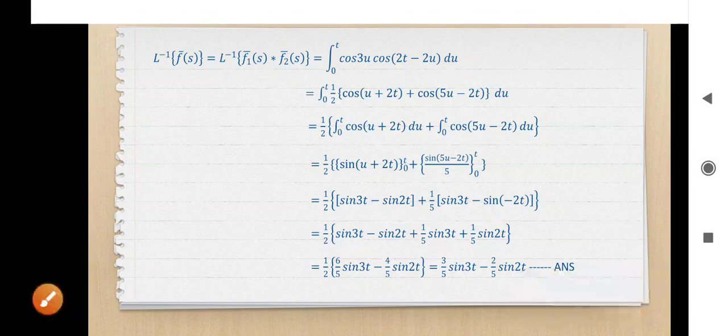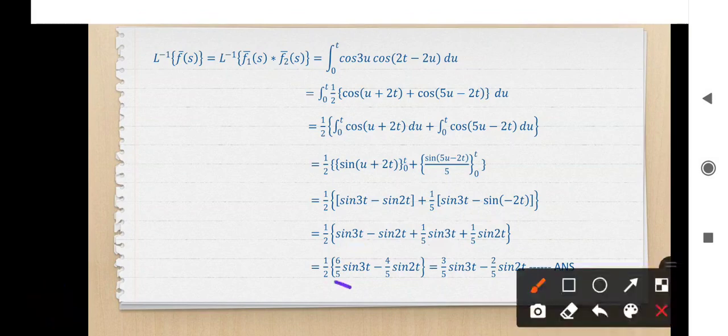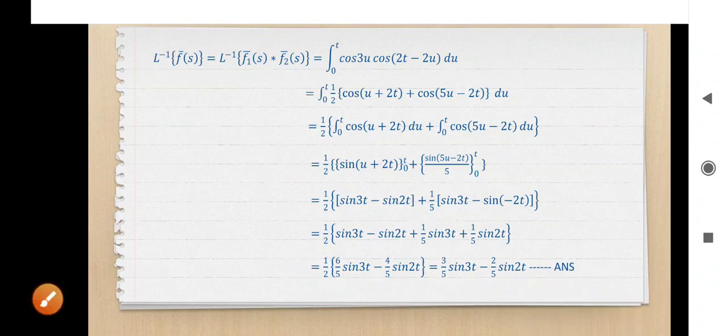Now multiplying this 6 by 5 and 4 by 5 by the constant multiplier 1 by 2 outside the bracket, we get the simplified answer as 3 by 5 sin 3t minus 2 by 5 sin 2t. So this is the result for inverse LT of the given function of s.